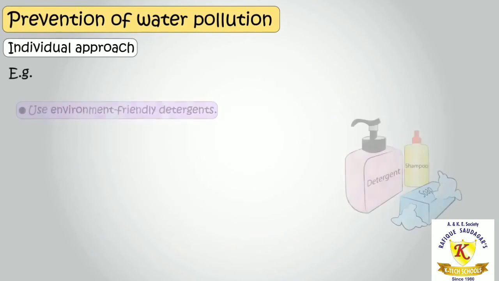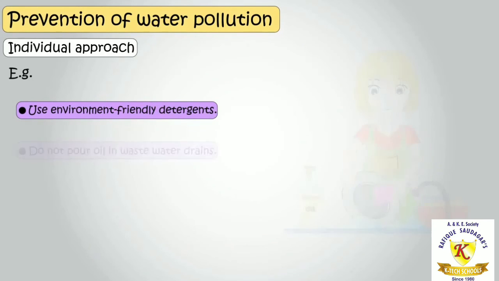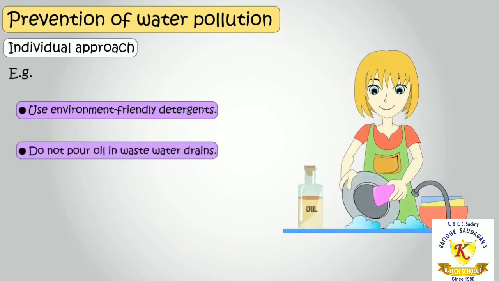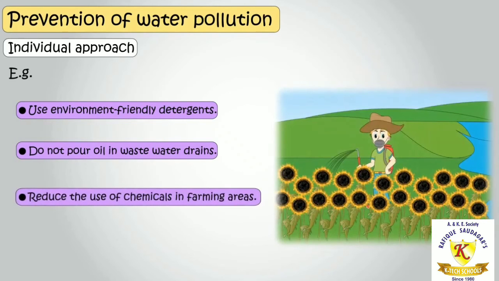Prevention of water pollution. Use environment-friendly detergent. Do not pour oil in wastewater drains. Reduce the use of chemicals in farming areas.